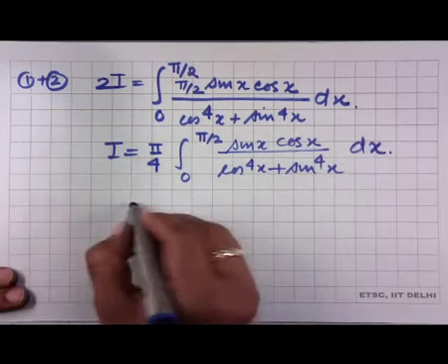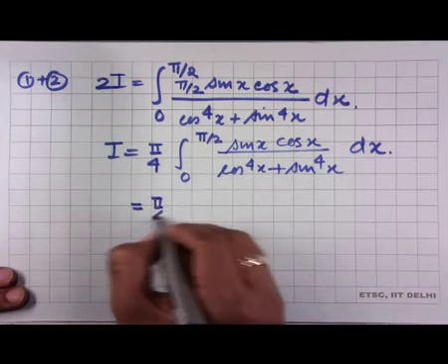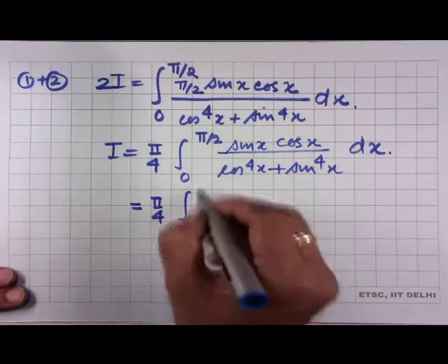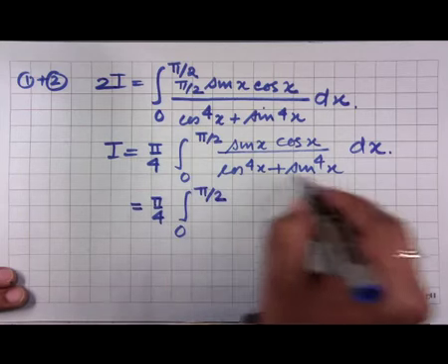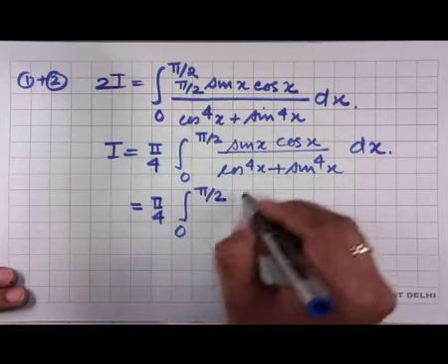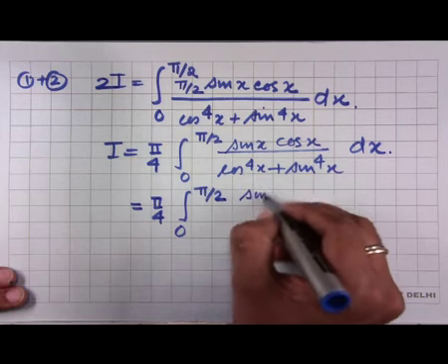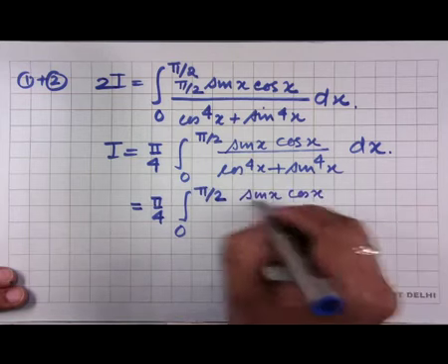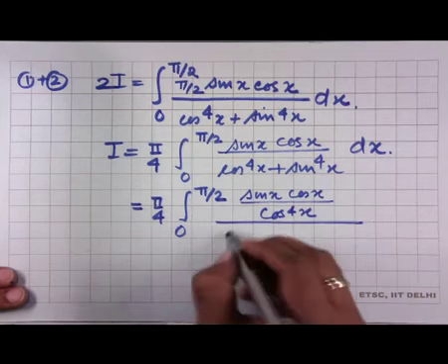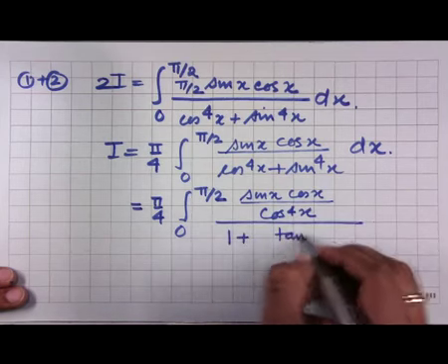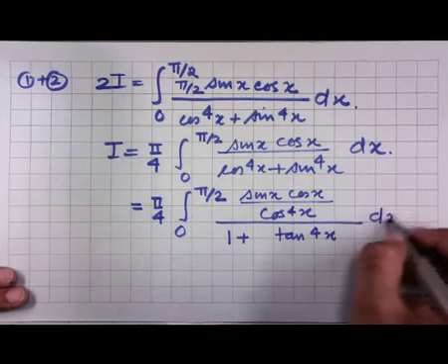Now divide by cos power 4x, and you get dx.